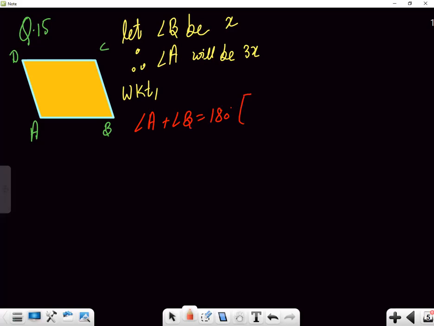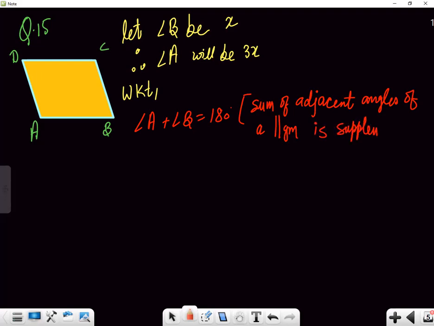What is the reason behind that? That sum of adjacent angles of a parallelogram is supplementary. Supplementary मतलब उनका sum 180 आएगा.